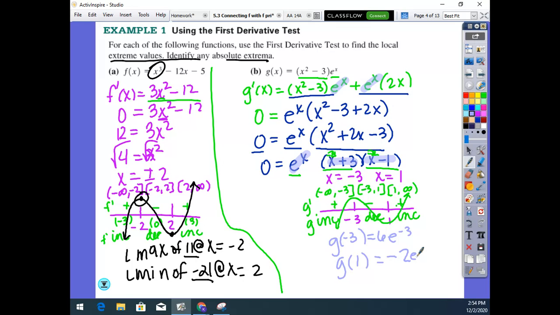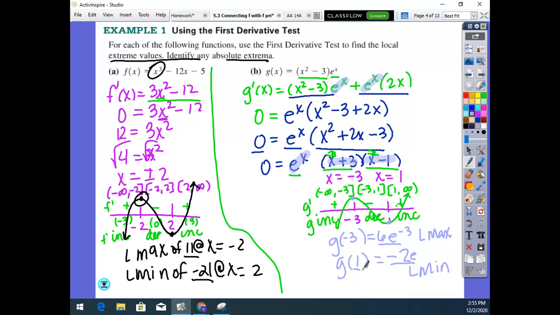All right, so at -3, that's a local max. So my local max is 6e to the -3 when x is -3. This is my local min of -2e when x is 1.